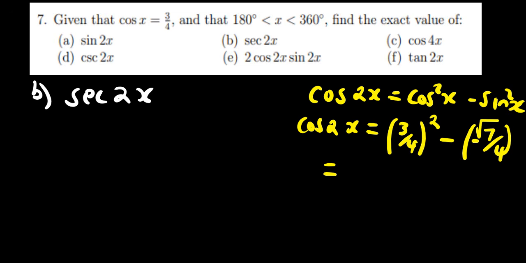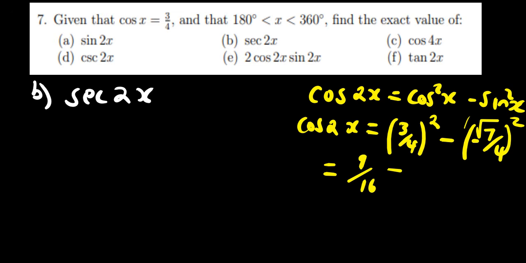So we're going to have 3 squared, that is 9, 4 squared, that is 16, minus the square root of 7 over 4. Okay, this is squared actually, so I forgot to do the other side. Because there's a negative, the negative is going to cancel.